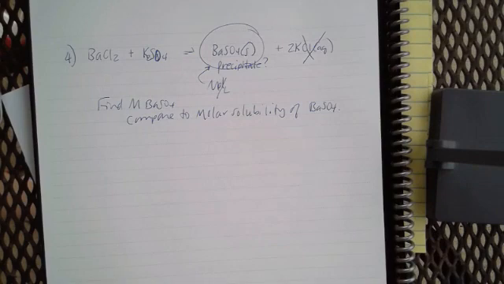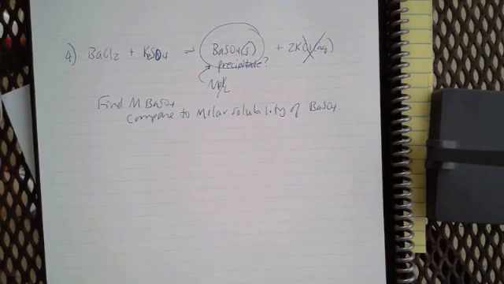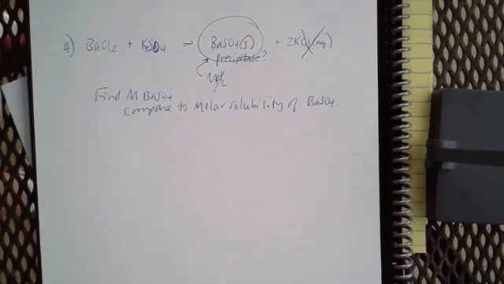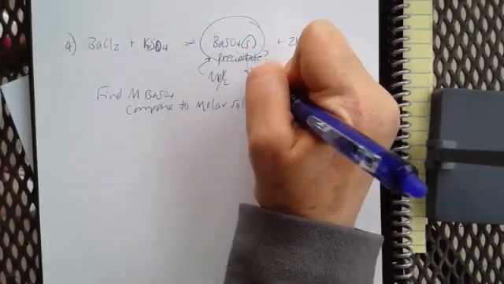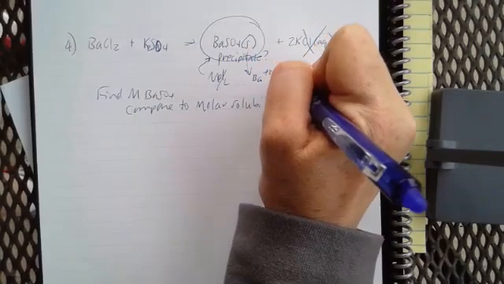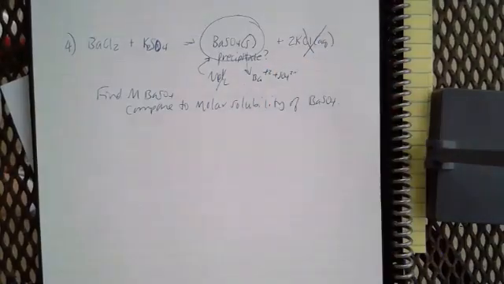If it's less than the molar solubility, then all of it will dissolve, and we won't be seeing any solid. It'll all be ions that are dissolved. So this could form Ba2+ and SO4 2-, but we don't know. So that's the question. Pretty practical information.